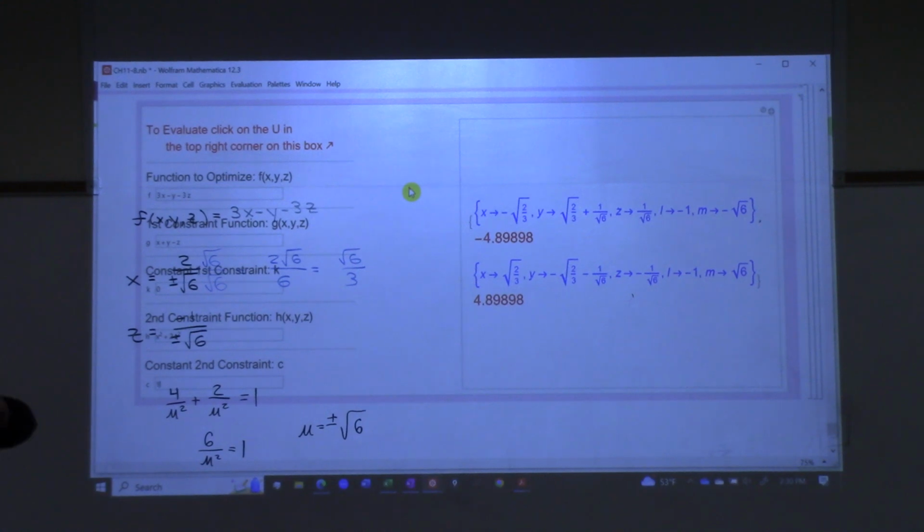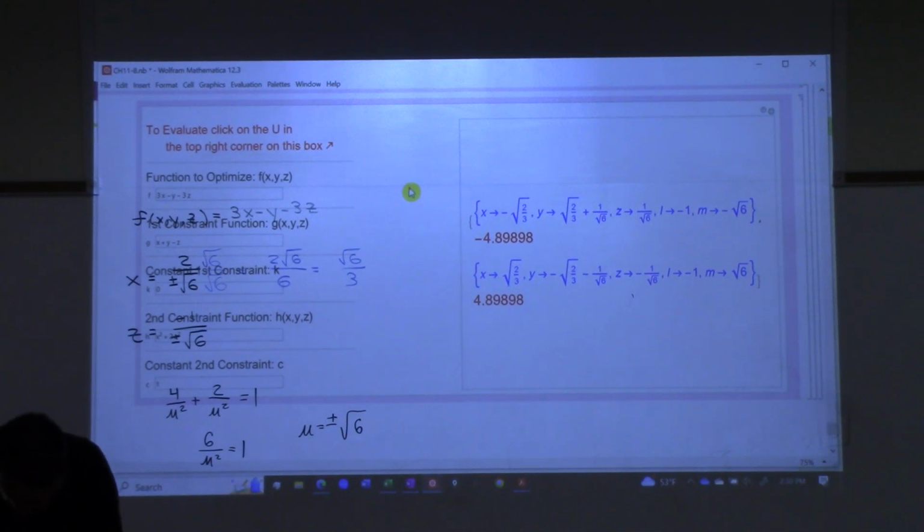Minus 3z, x plus z equals 0. Actually, I didn't do this one.